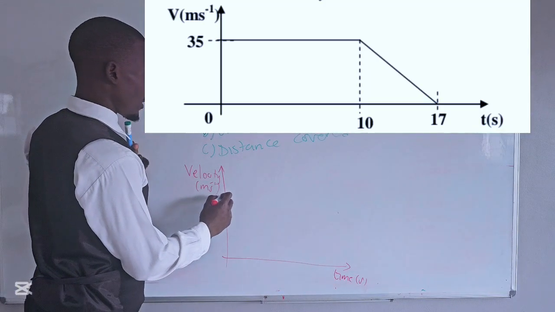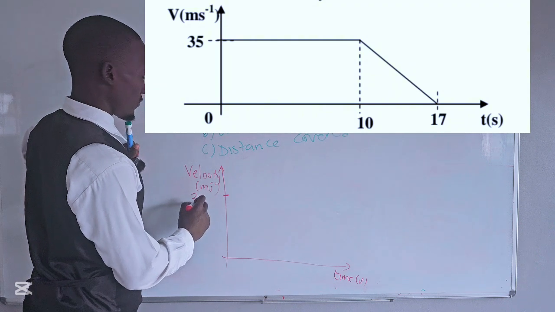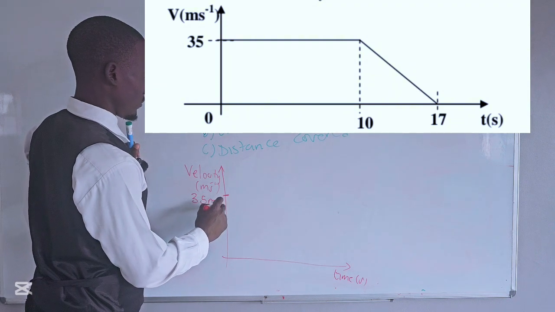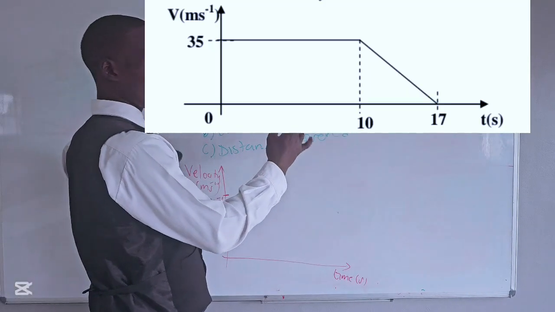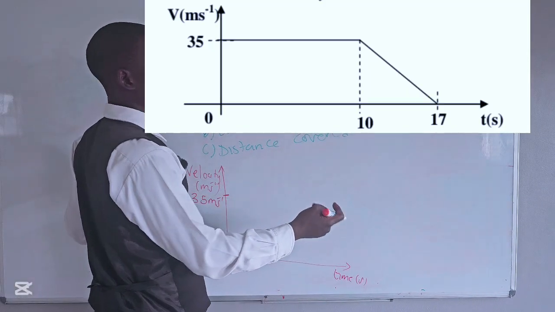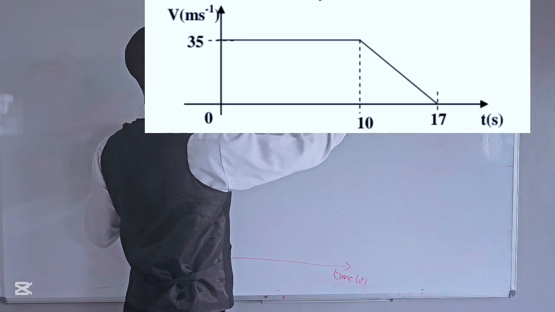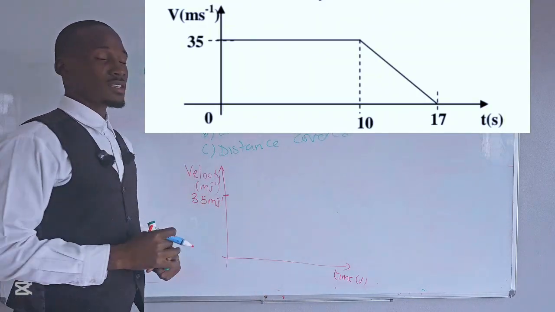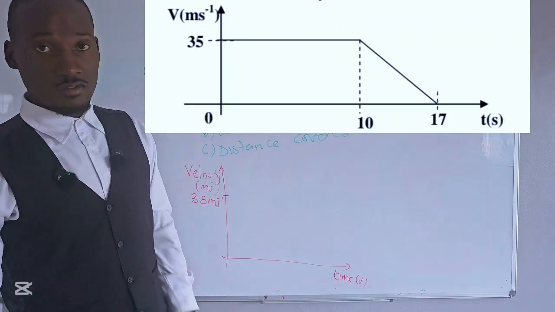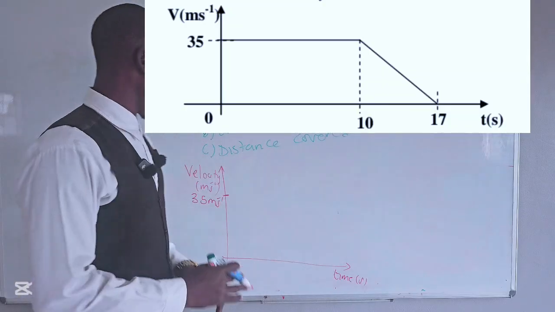So if you have a value of 35 meters per second as the velocity we are starting with, but then the question is telling us that this velocity has been maintained for 10 seconds. So it implies that this car is keeping this velocity for 10 seconds.